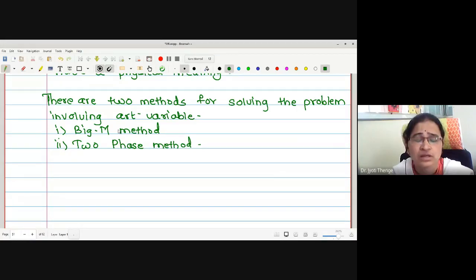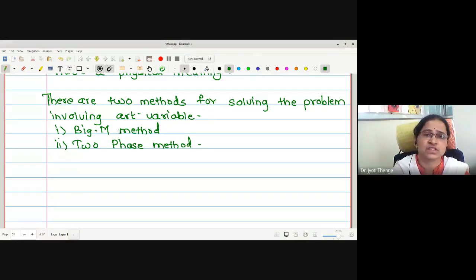Therefore, instead of 0, the value of artificial we were taking to be very less in the objective function, and finally the value of artificial variable should be 0. Therefore the minus M value, if I multiply by 0, totally it is going to play no role in the objective function. This is what the theme is actually, assigning different values to the artificial variable.